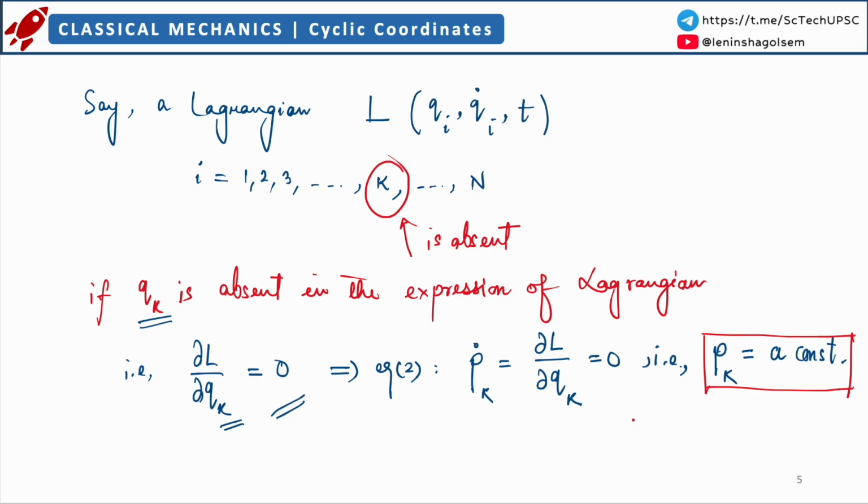That is, pk is a constant of the motion. So this is the proof.